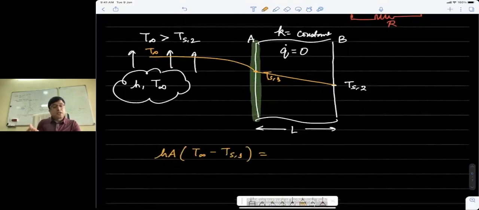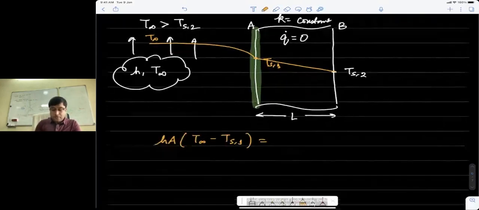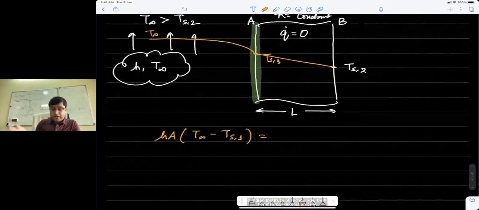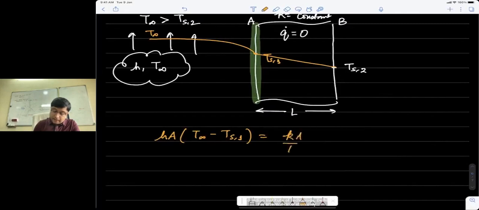But just because Q dot is constant, we can write that the heat transfer through the slab can be written using a linear temperature variation. So this can be written as kA by L (TS1 minus TS2).